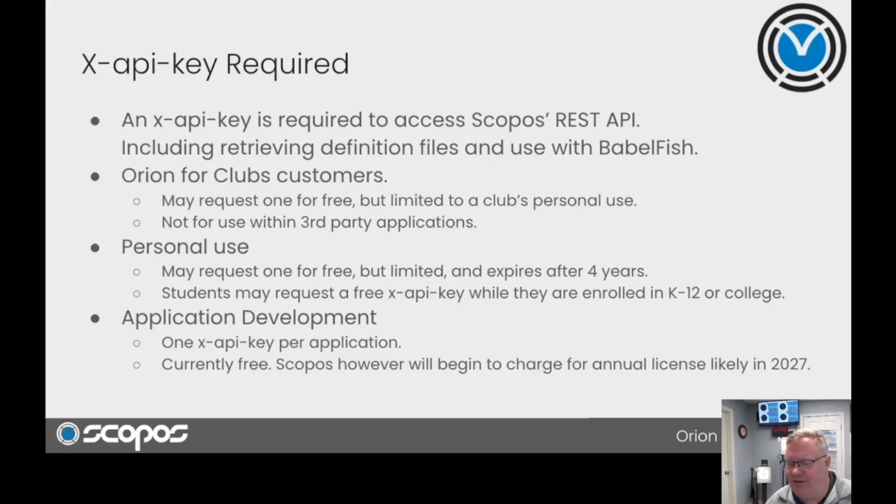That's what the XAPI key is limited to, that type of use. If you're a personal developer, perhaps even a student, we will give you access to an XAPI key for free. Again, they're limited in use and they're limited in duration.